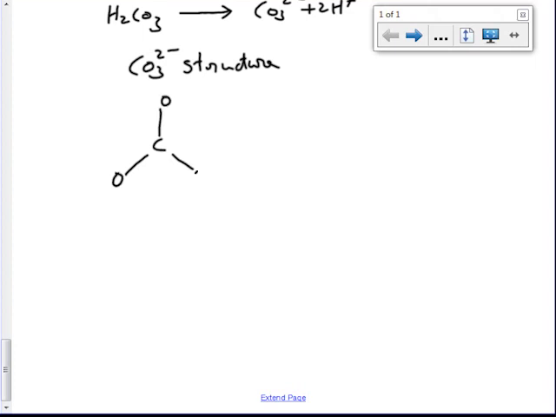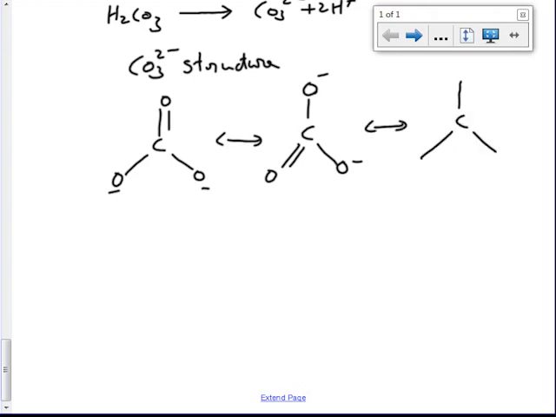In the resonating structure, carbon has a double bond to O, and O minus and O minus. And in another resonating structure, carbon has the double bond to a different O, with O minus and O minus. The formula for calculating the number of resonating structures can also be observed.